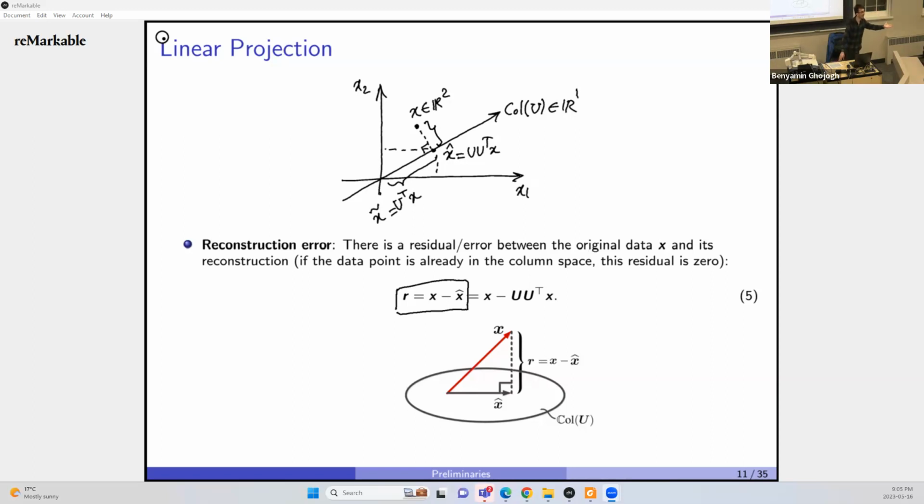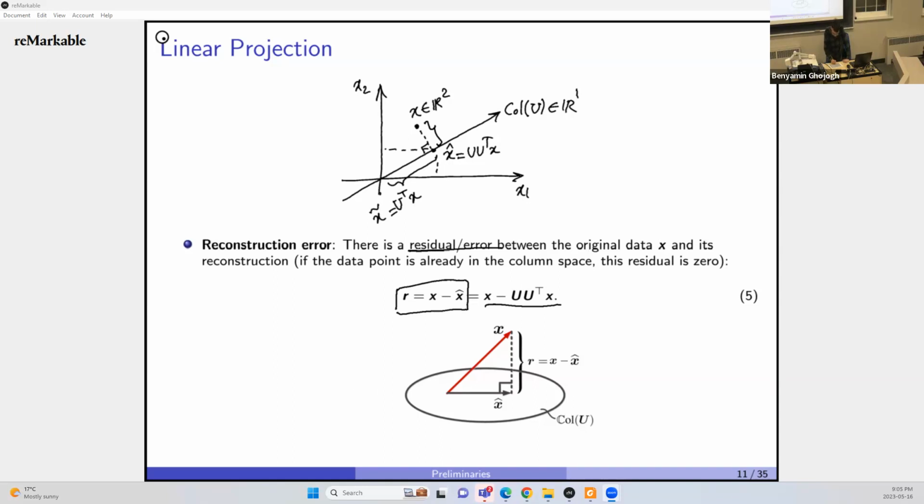X is d-dimensional, x tilde is p-dimensional. How can you subtract them? You need x hat to become d-dimensional again. So now we can subtract them. You can see it: when we reconstruct, there's always a residual or error.